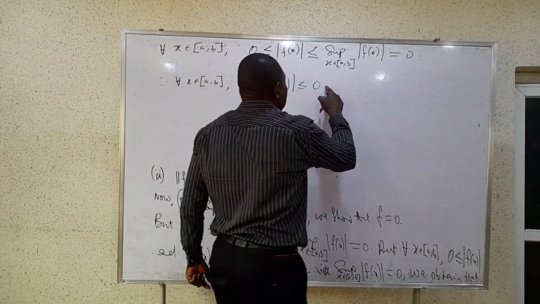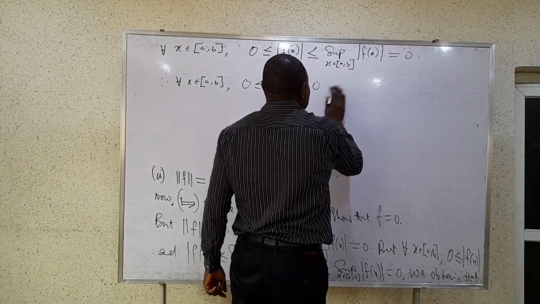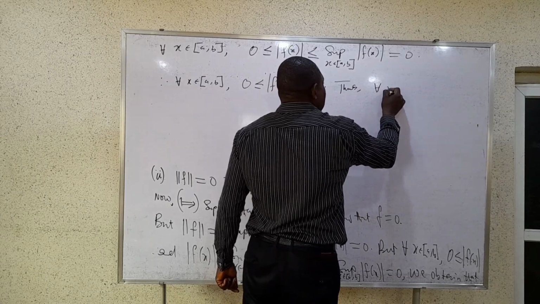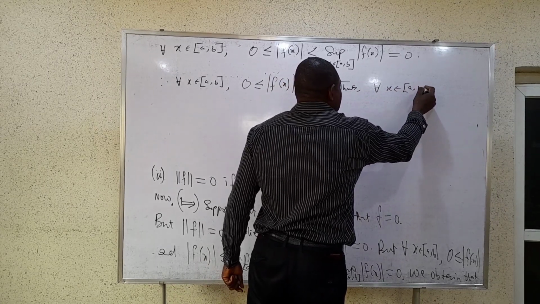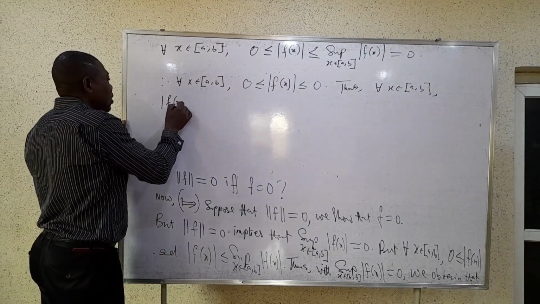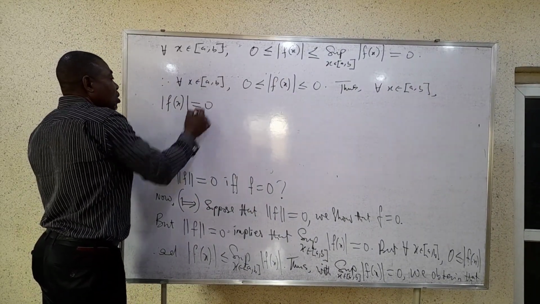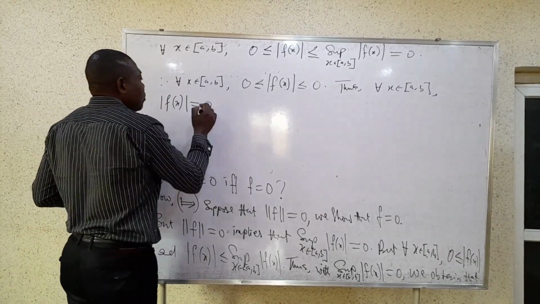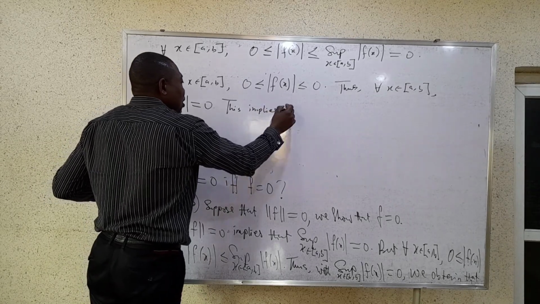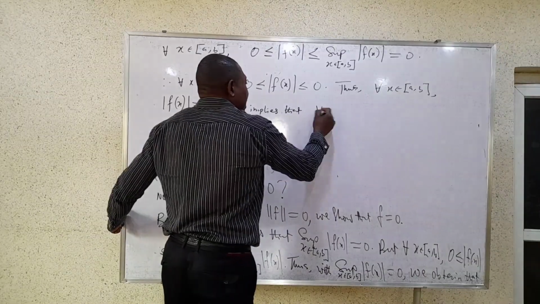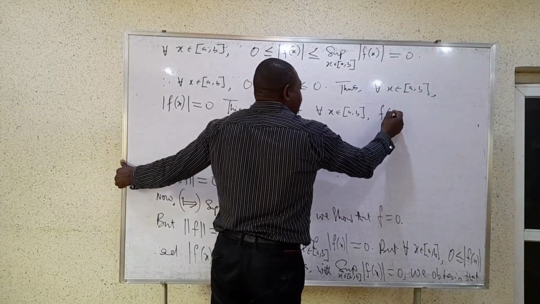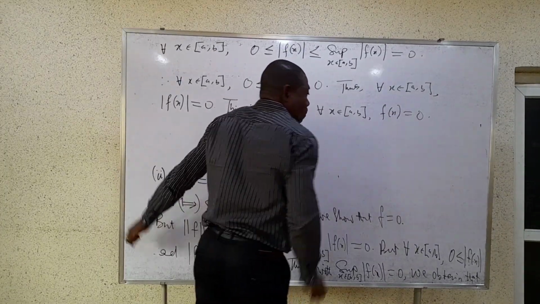And this implies that, thus, for any x in [a,b], absolute value of f of x is equal to 0. This implies that for any x in [a,b], f of x is equal to 0.